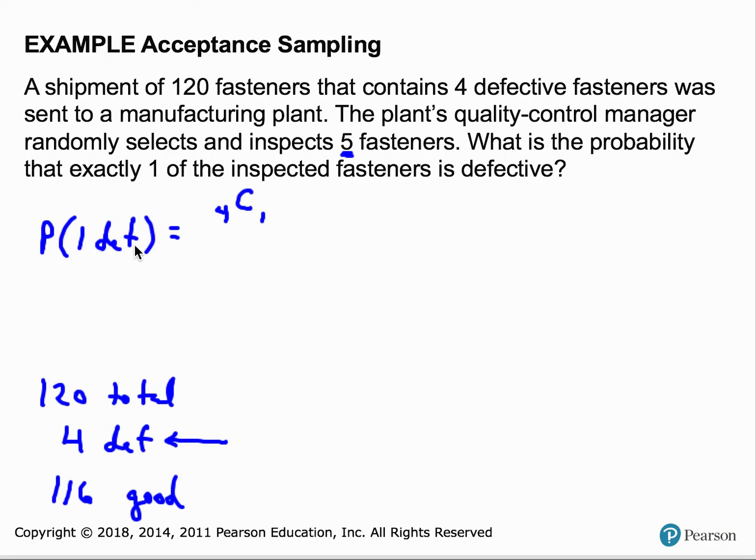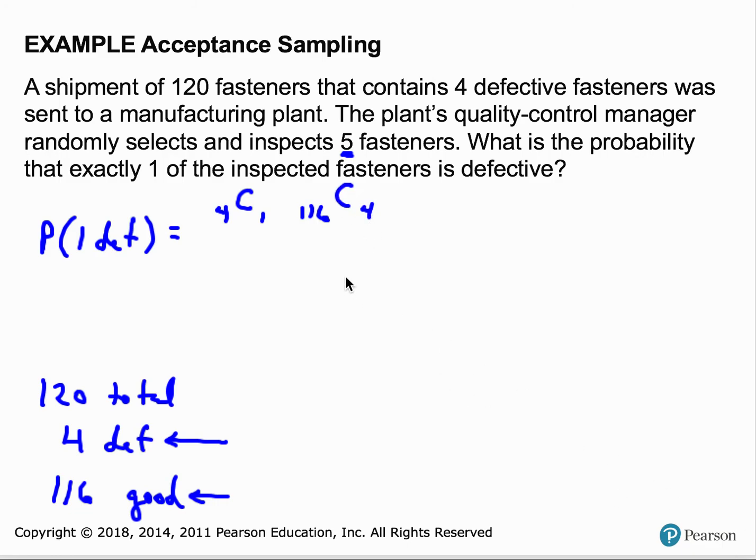Okay, let me try to reword that. I want to know what's the probability I'm going to choose 1 defective, but I'm reaching in and grabbing 5. So 1 of them has to come out of this 4. Now the other 4 has to come out of the good ones. So then there's 116, but I'm going to choose 4 of those.